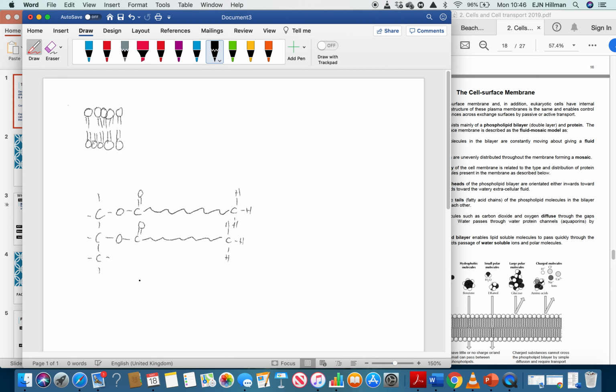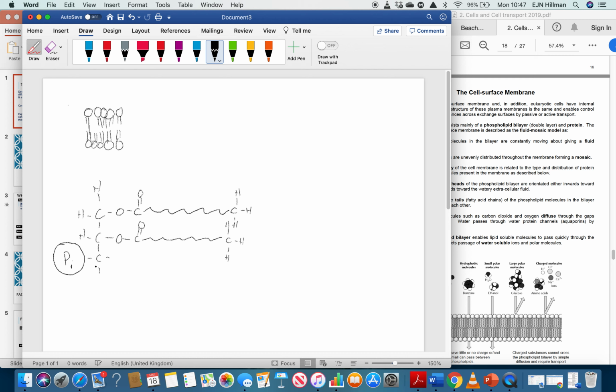And at the end of these, now, unlike a triglyceride that would have the glycerol and 3 fatty acids, one of the fatty acids is replaced by a phosphate, an inorganic phosphate group.